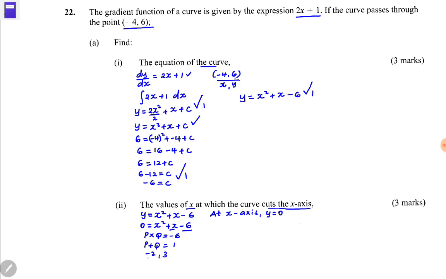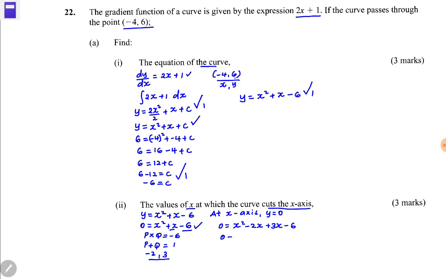So substituting them in the original quadratic equation, we will have 0 is equal to x squared minus 2x plus 3x minus 6.